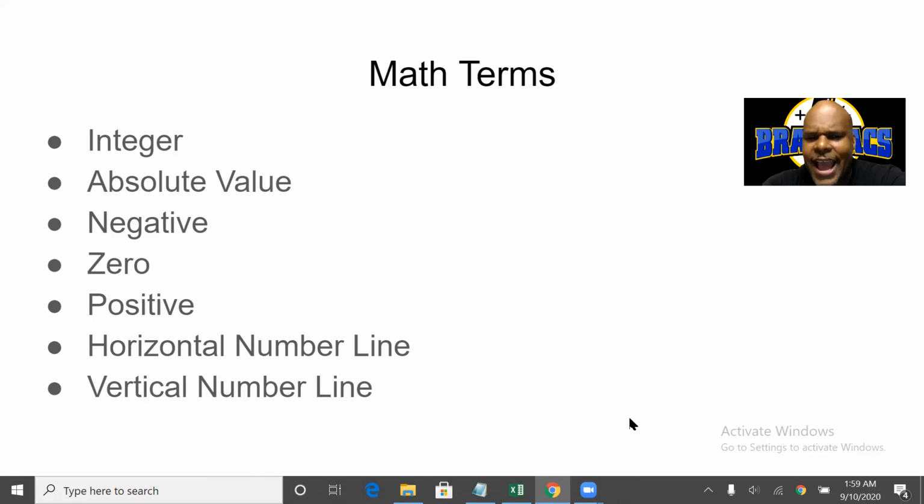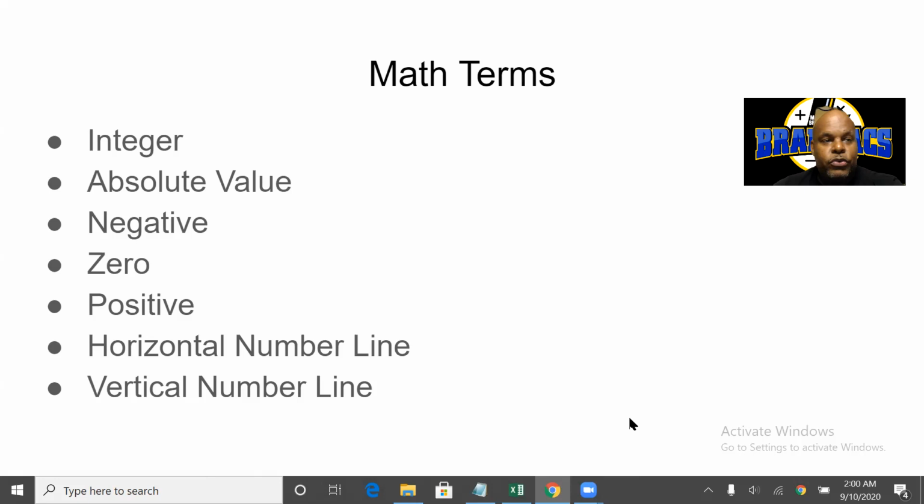What about absolute value? Is that a term that you know? Take a moment and think about it. I would say turn to your neighbor and discuss it, but put some suggestions in the chat. Yes.